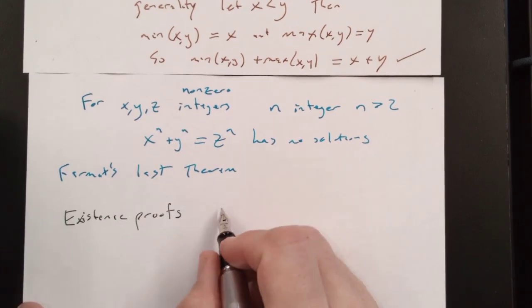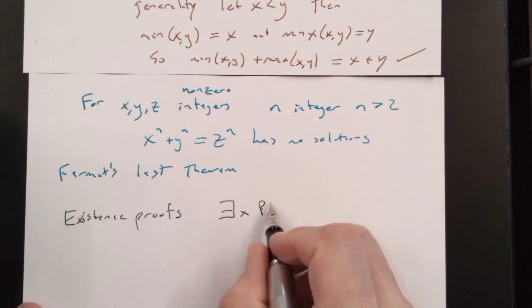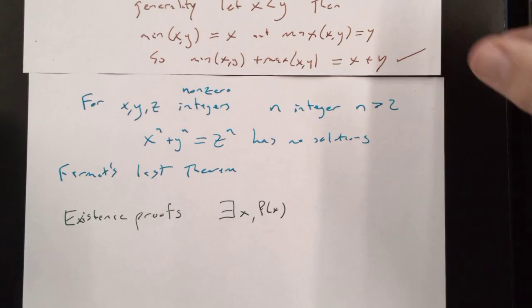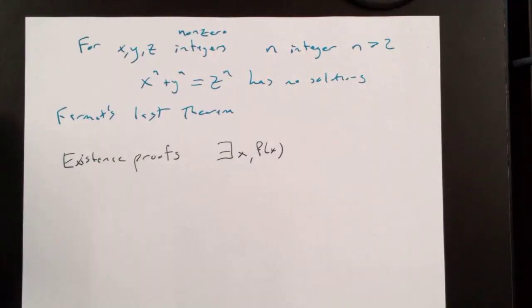If I just want to show there exists a number for which some property is true, there are actually two different ways to do this. I could simply find the number, or the x, or the whatever it is.